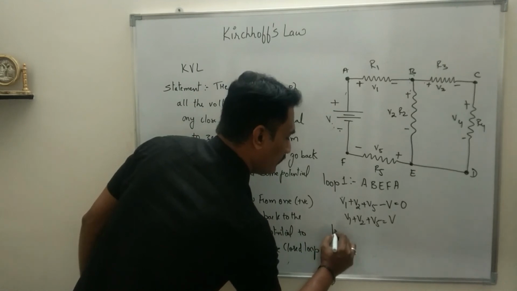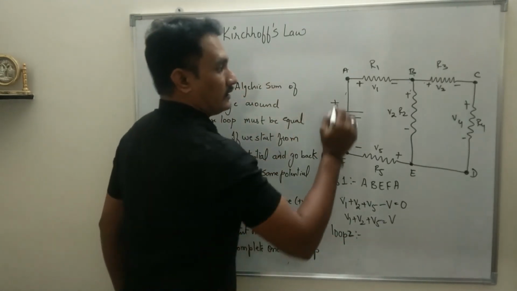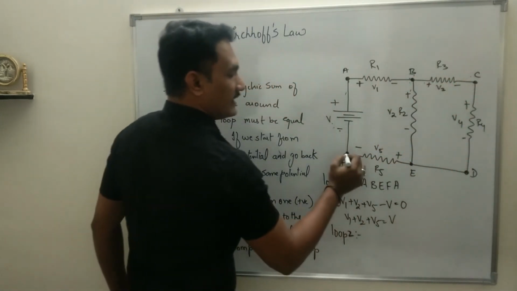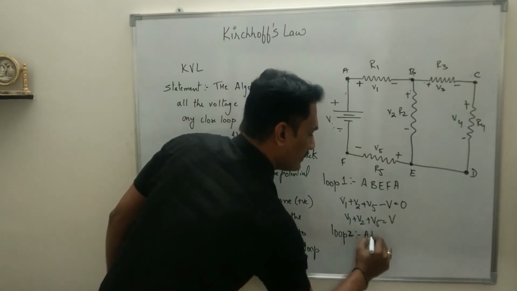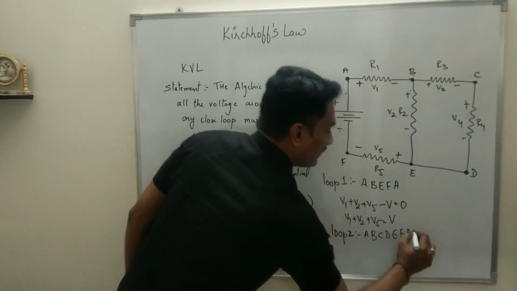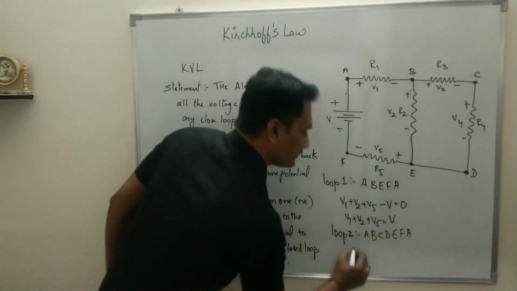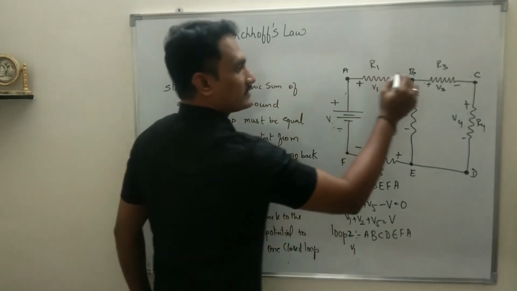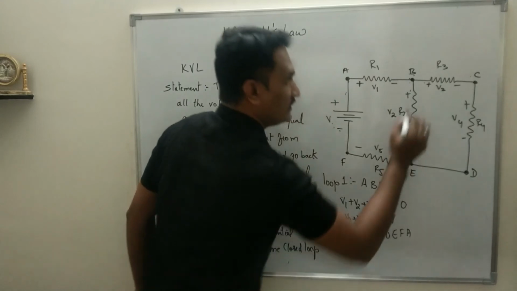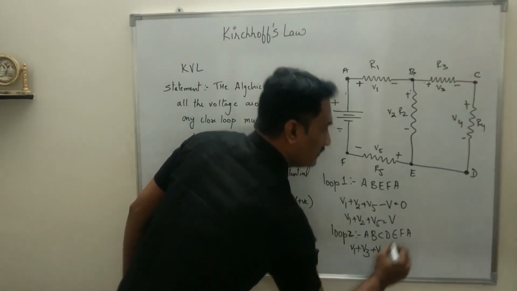Next, loop 2, the second loop. Take the bigger one, A, B, C, D, E, F back to A. When you are moving from A to B, it is V1, moving from plus to minus. B to C, moving from plus to minus, plus V3. C to D, plus to minus, plus V4.